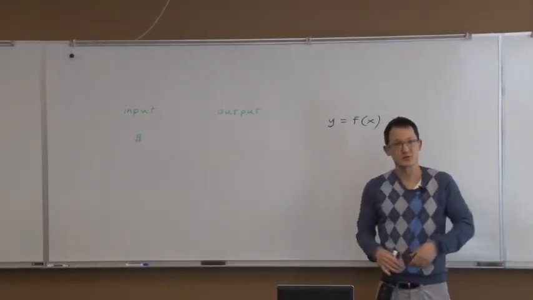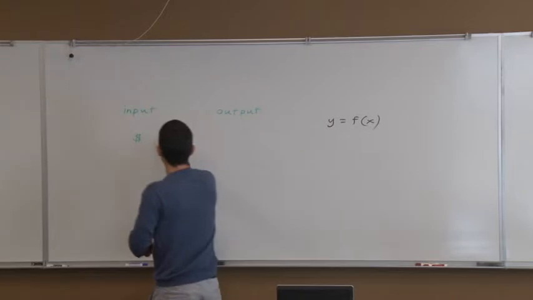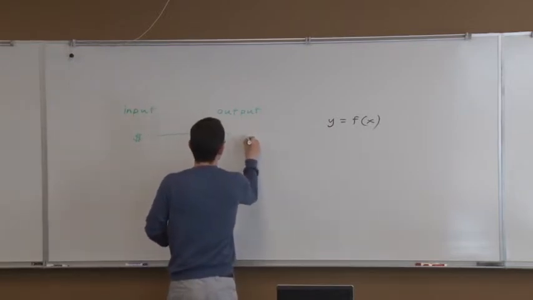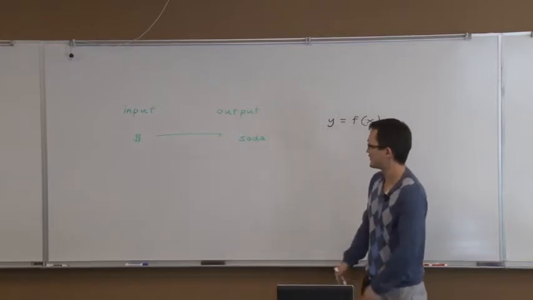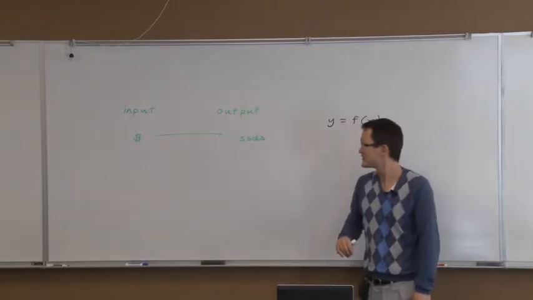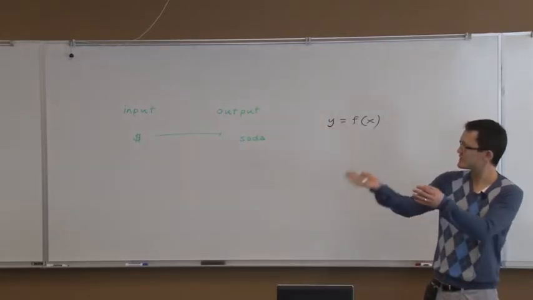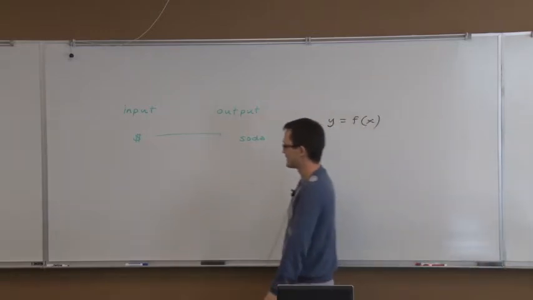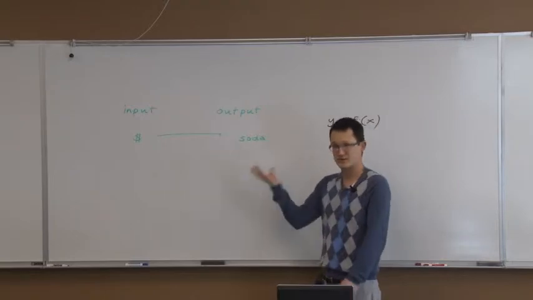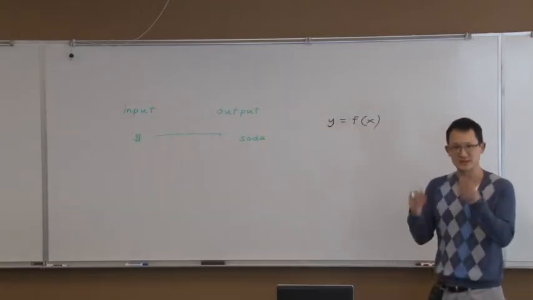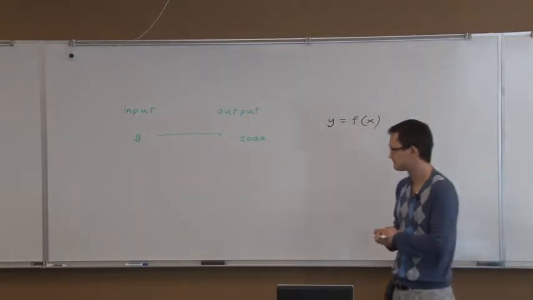And the output, of course, is your expectation of what comes out. So this is the soda, or as I have learned, pop, as they call it in the Midwest. This is the idea where you can see it's a direct mapping that for one corresponding element, your money, you expect a corresponding element from the machine, mainly the pop that comes out.